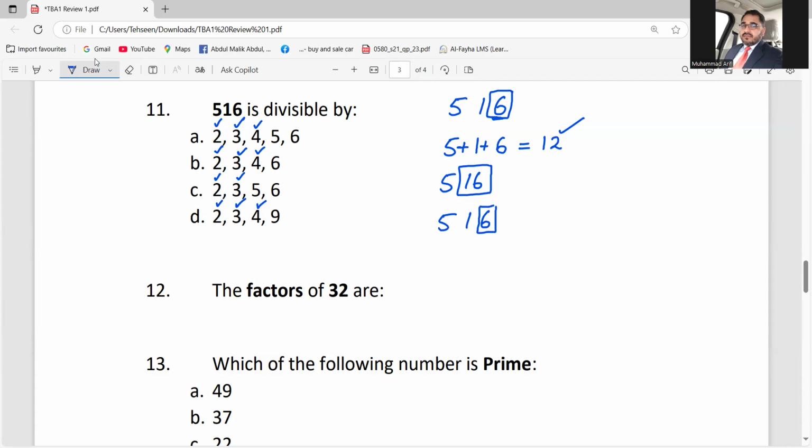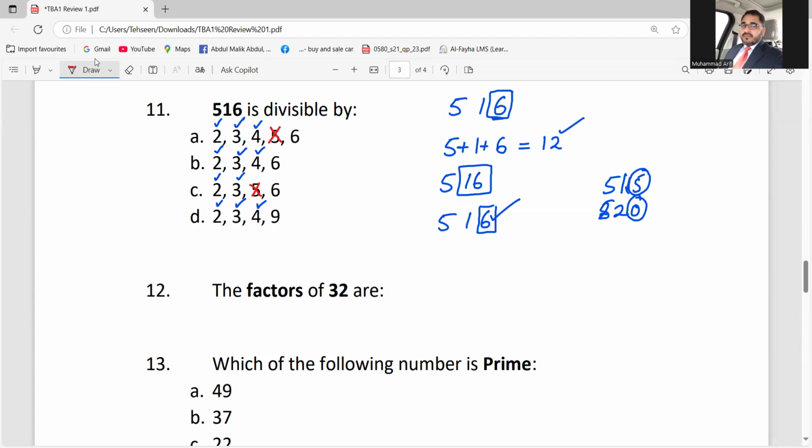If it were 515 or 520, like this, meaning the ones place is 0 or 5, then this number would be divisible by 5. But as in 516 the ones place is 6, neither 0 nor 5, it means this number is not divisible by 5. For 5, no.